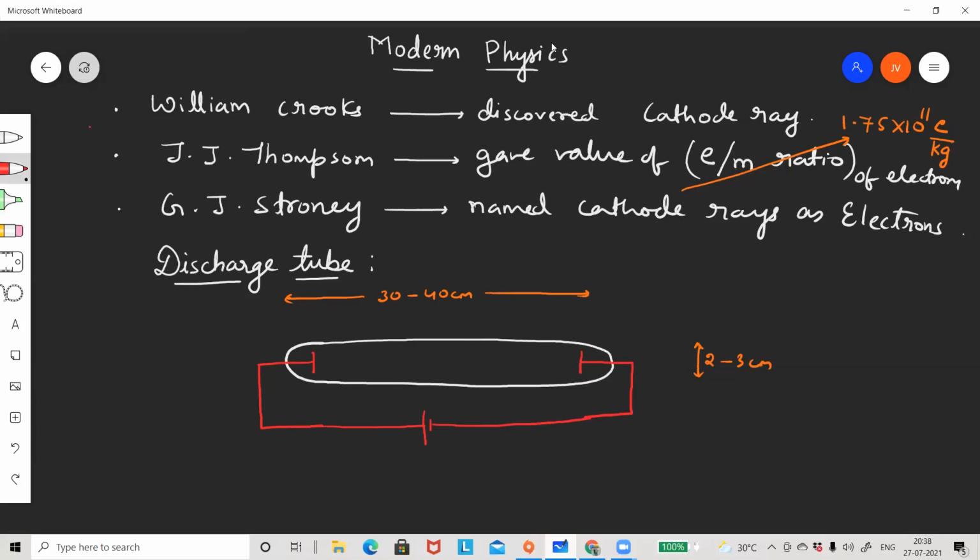How much voltage? Voltage greater than 30 kilovolts. These are constant terms that I'm using, to be learned by heart.